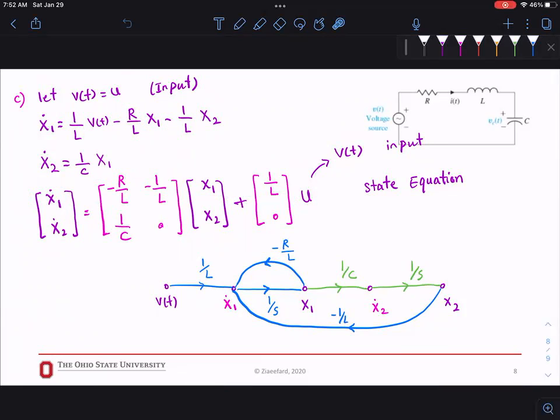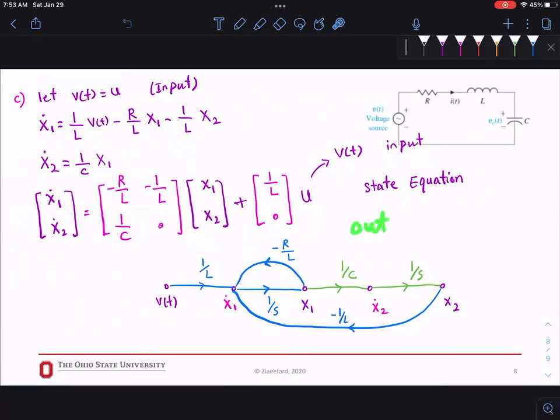For the second row, we go to the second equation because it has x dot 2, so 1 over C multiplied by x1, and then nothing for x2, so that's a 0, and nothing for u, so that is also 0. So here we wrote our state equation. This is important. State equation done.